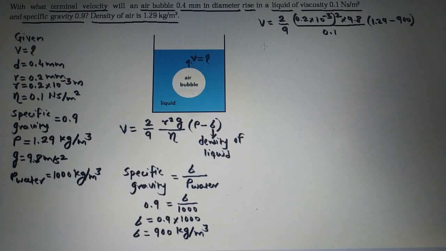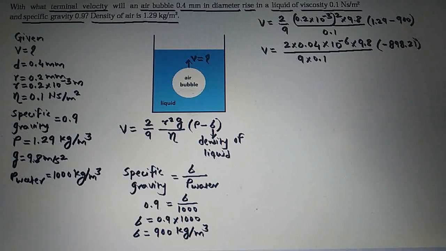Next we can write here V is equal to 2 into 0.2 square, that should be equal to 0.04, into the square of 10 raised to minus 3, it should be 10 raised to minus 6, into 9.8, divided by 9 into 0.1, and we have to do the calculation of this 1.29 minus 900, and it should be equal to minus of 898.21.